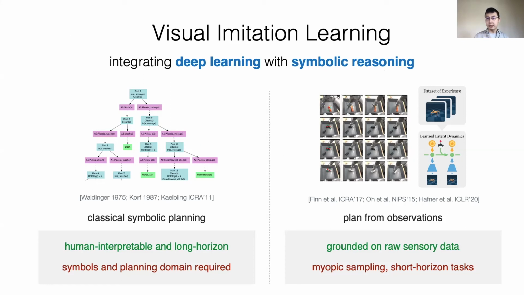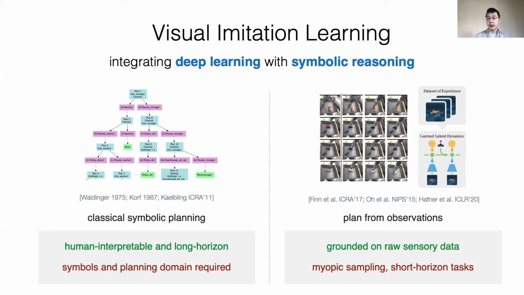So this continuous planner work sheds light on a very promising research direction on integrating deep learning approaches with symbolic planning to achieve stronger generalization in visual imitation learning. And this work is directly inspired by two lines of research. One is the symbolic planner used in traditional AI literature, which has been shown effective in long horizon reasoning, but usually abstracts away perception with predefined symbols and manually specifies the planning domain.